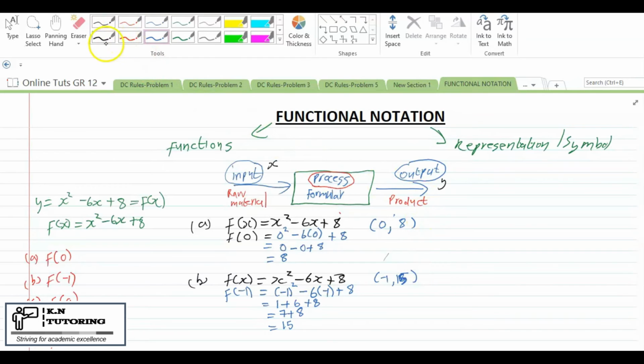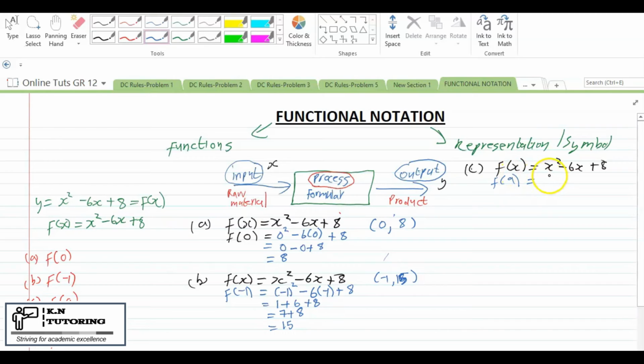Okay, let's move to C. I'm given that f of x is equal to x squared minus 6x plus 8. I'm asked to determine what is f of a. What does this mean? It means where I see x, I just substitute a.